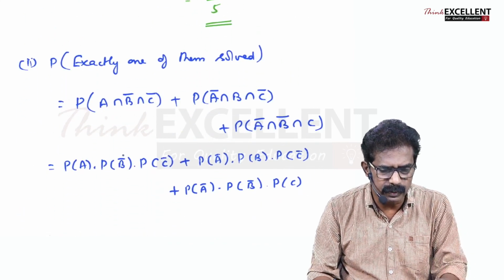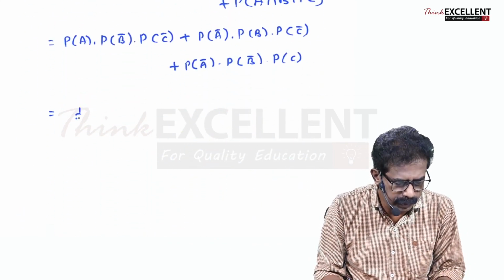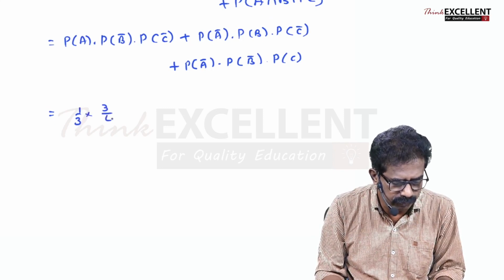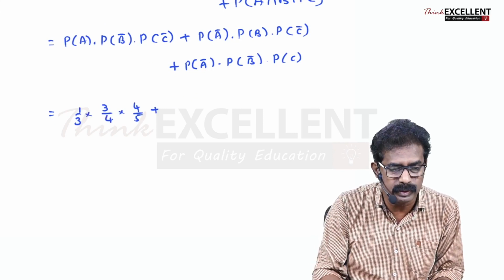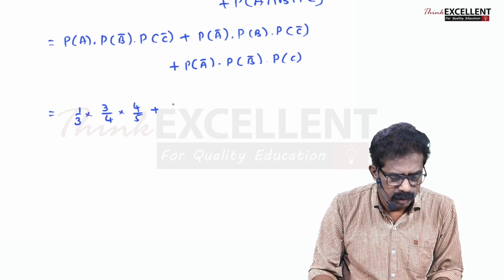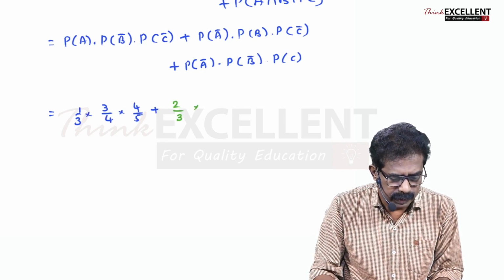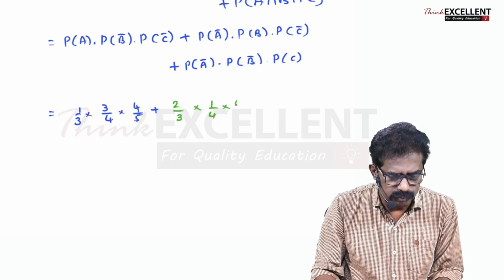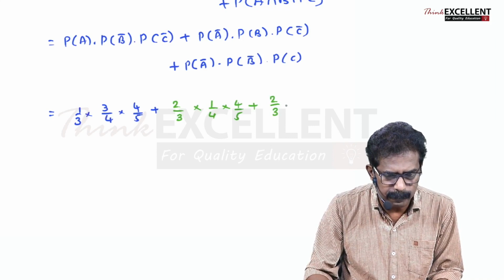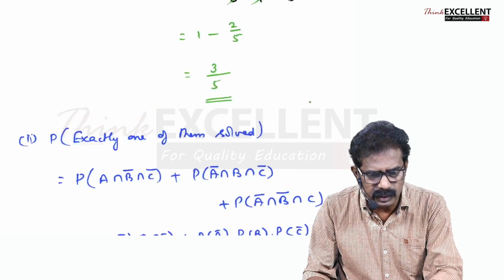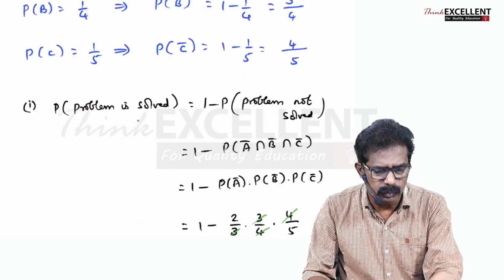So you are getting 1 by 3 into 3 by 4 into 4 by 5. Like that you can substitute all the values. Just I am writing here. P of A bar is 2 by 3 into 1 by 4 into 4 by 5. And the last one, P of A bar 2 by 3, P of B bar 3 by 4 into P of C 1 by 5.